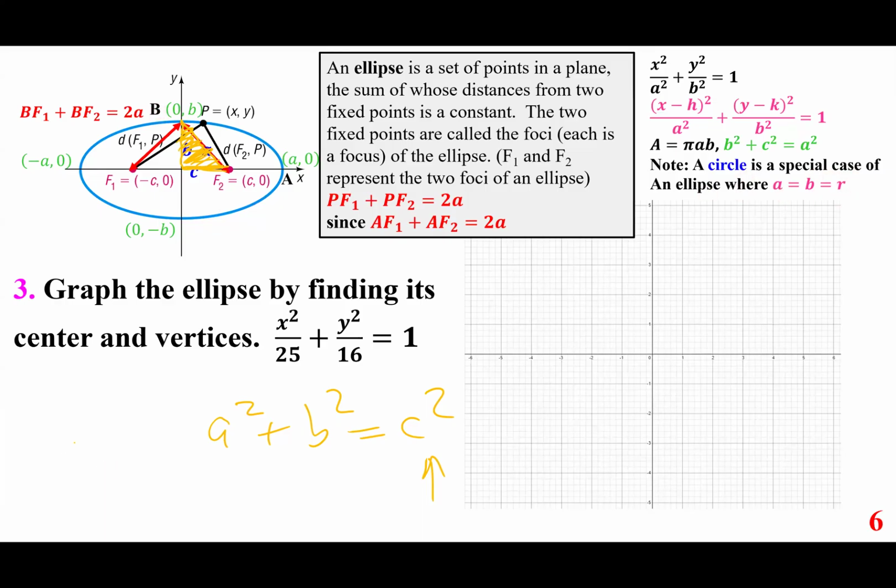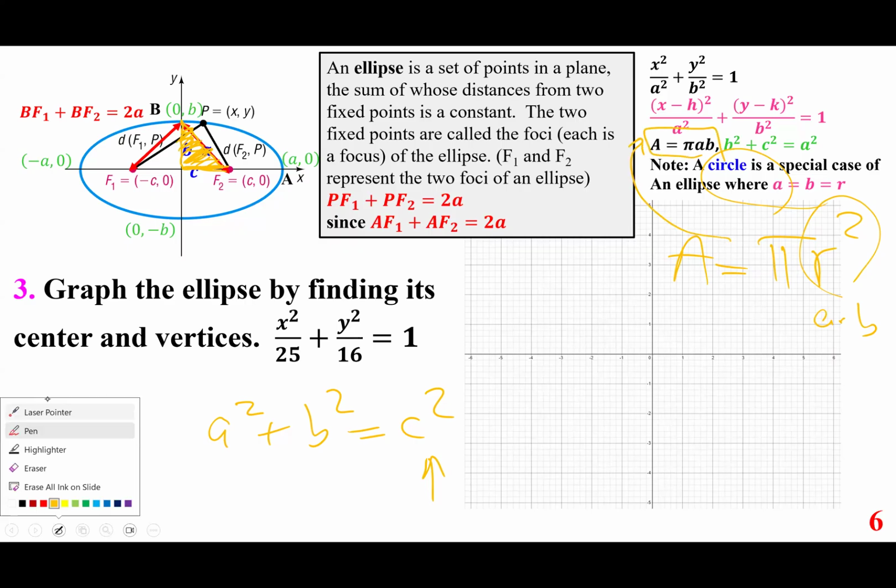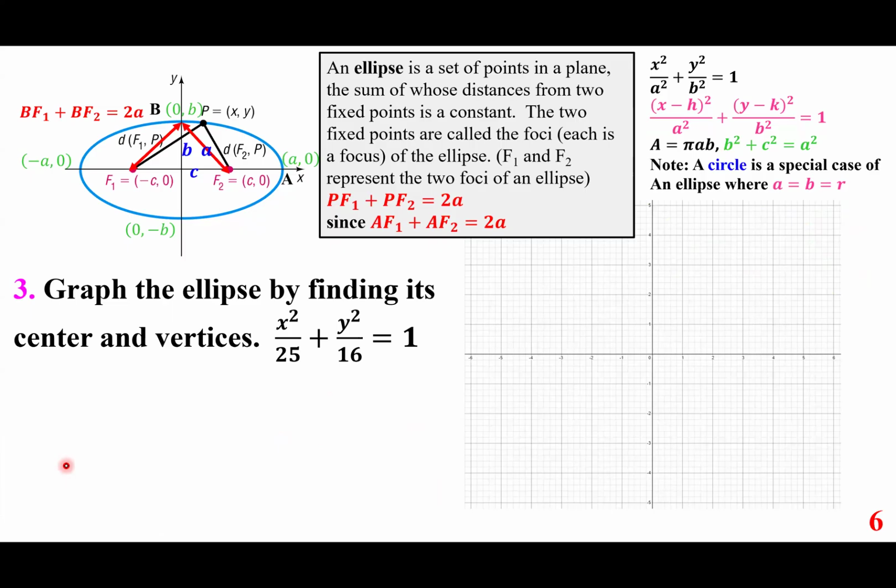Remember, for a circle, the area equals pi r squared. So instead of that, we can say a times b, and it gives rise to this equation. And we can further prove it in calculus. So that's the synopsis of what an ellipse is. So let me erase my work so we can look at the graph.